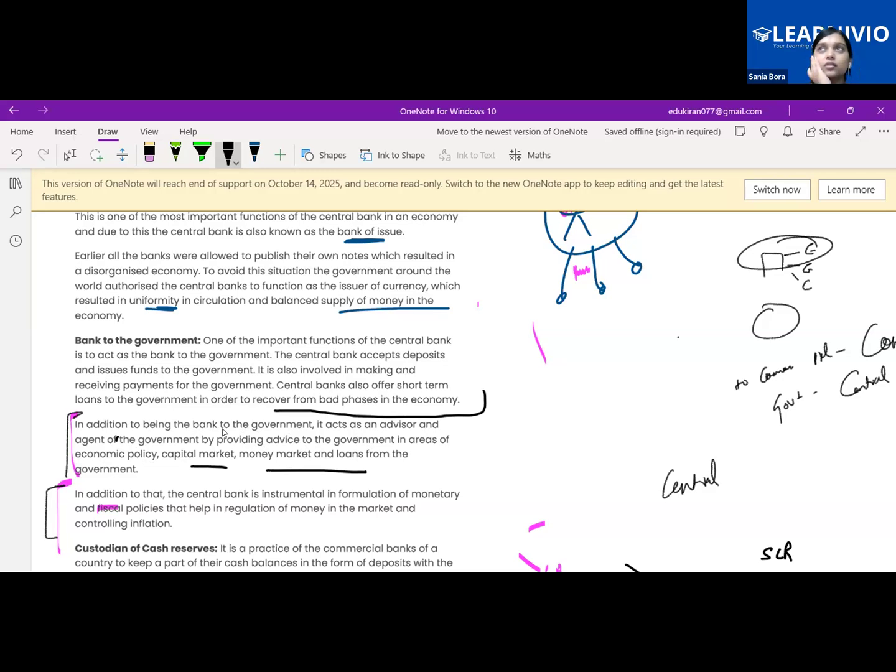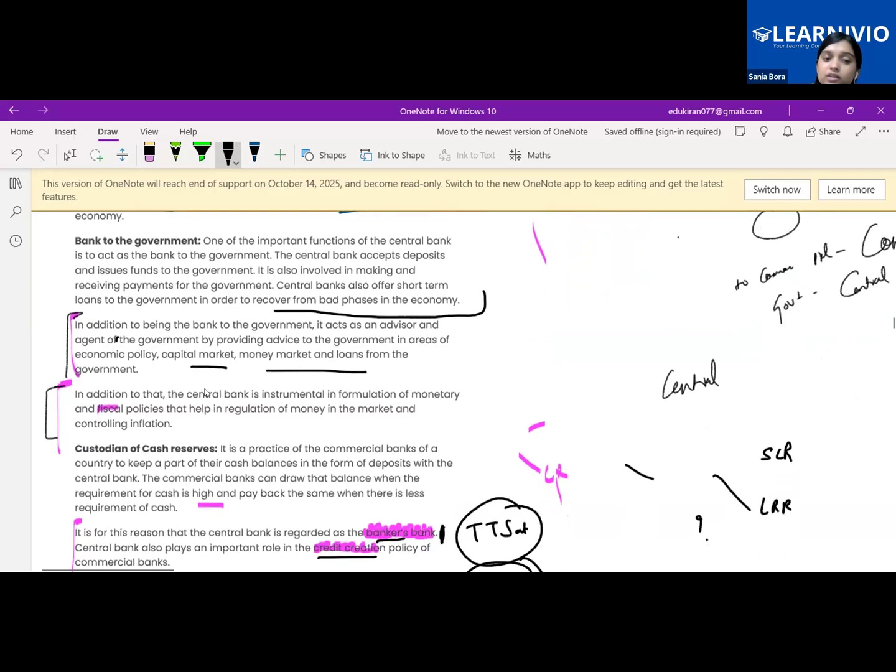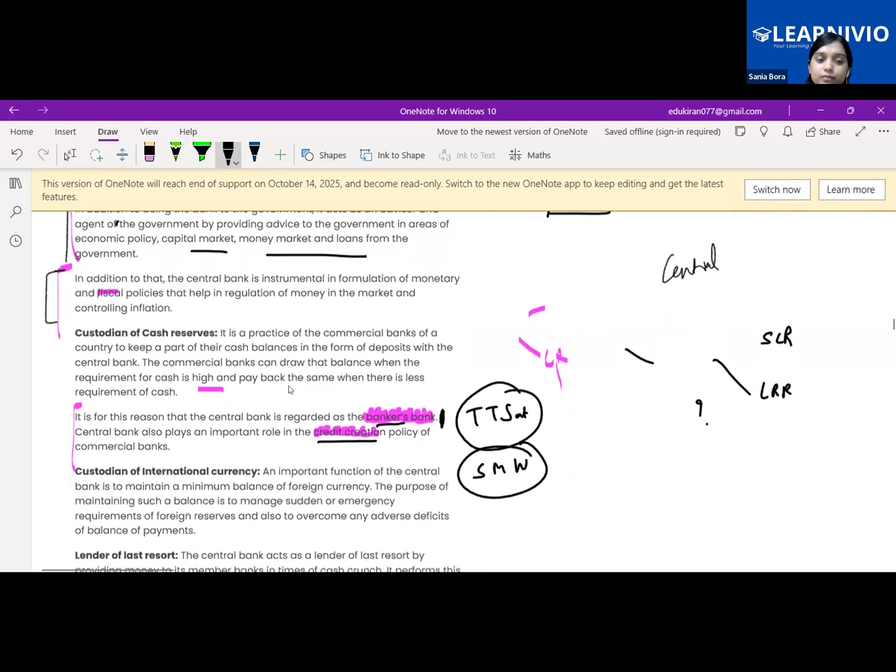Let's say the government is facing a situation and asks how to tackle it, so the central bank gives advice also. In addition, the central bank is an instrument in the formation of monetary and fiscal policy. Whenever the government makes some law, the central bank helps, regulates and guides them on how to control inflation and deflation.